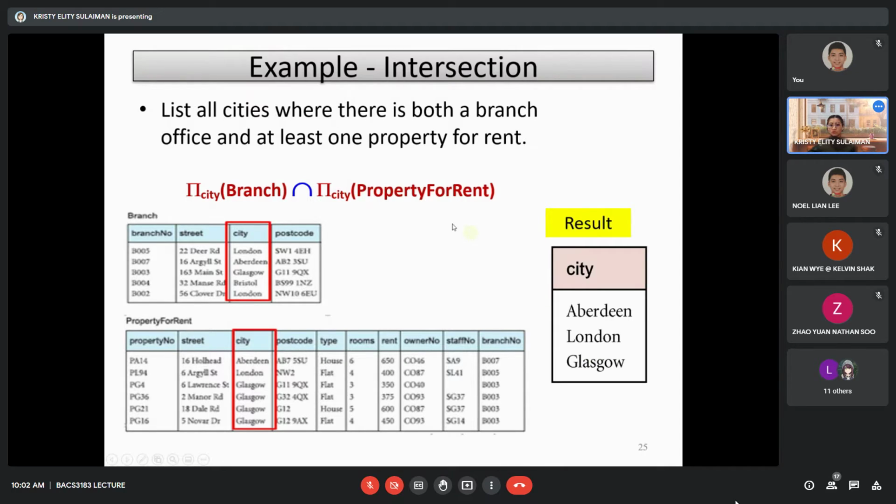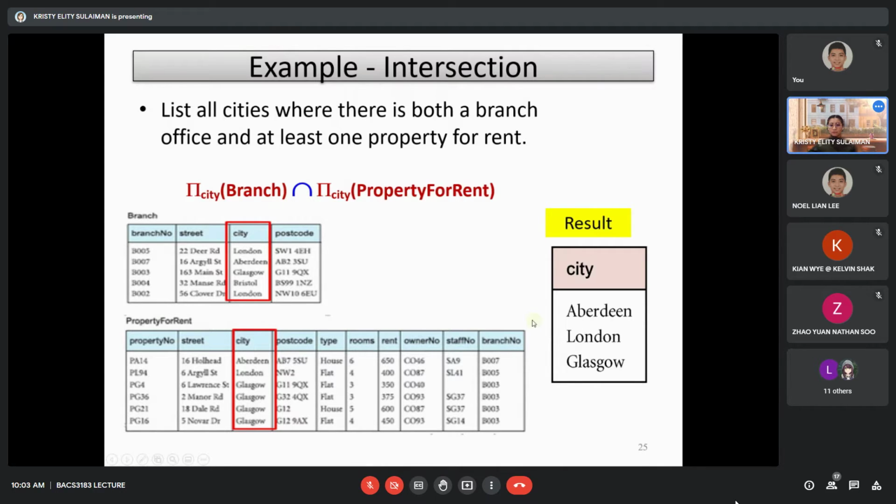So we use a projection on the branch table over the city attribute, and the city attribute from the property for rent table. Then we do the intersection, and we get this.